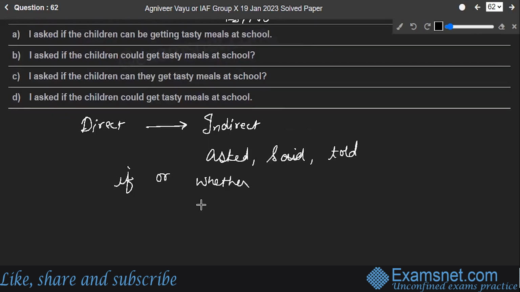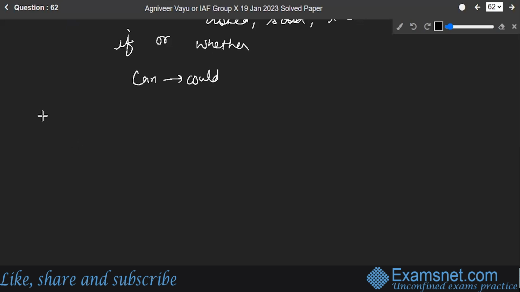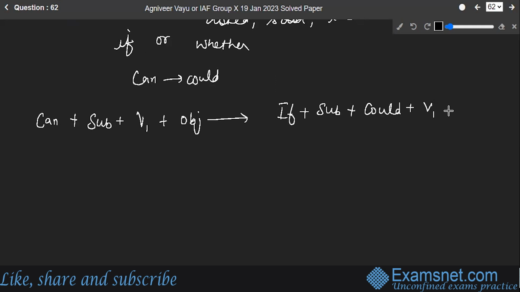And can will be changed because can is involved in the question. It will be changed into could. Now, the structure will be something like can plus subject plus first form of the verb plus object will be changed into if plus subject plus could plus first form of the verb plus object.